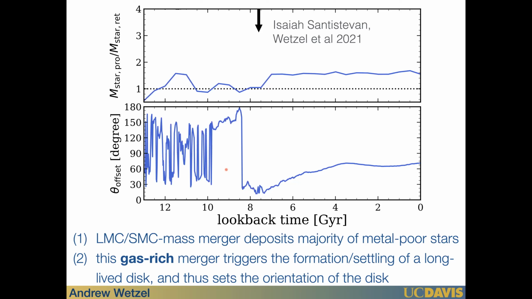Go ahead, Neil. So following that major merger, the disk seems to slowly precess over time. What's causing that? Do you know? Yeah, we didn't look into that. There's a variety of precessions we see.